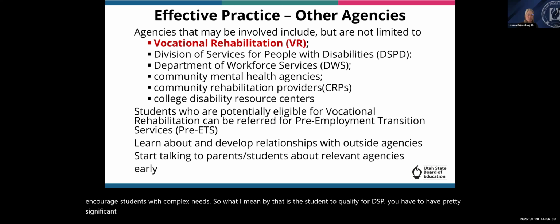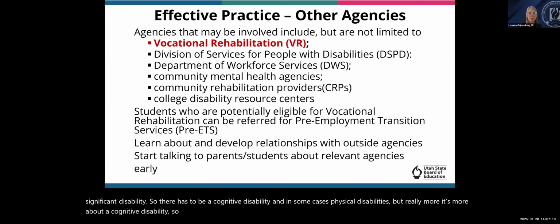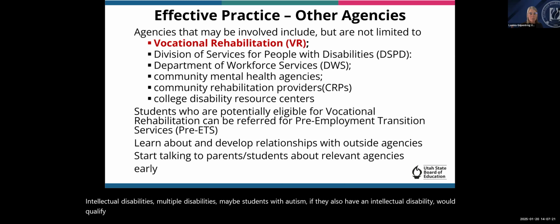So there has to be a cognitive disability, and in some cases physical disabilities, but really it's more about a cognitive disability. So a lot of students that have the disability category of intellectual disabilities, multiple disabilities, maybe students with autism, if they also have an intellectual disability, would qualify for this service. But it's a lifelong service.